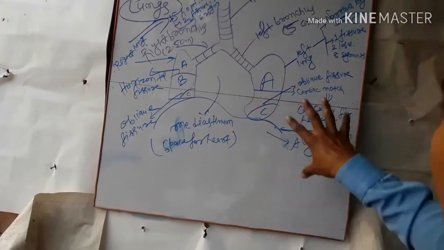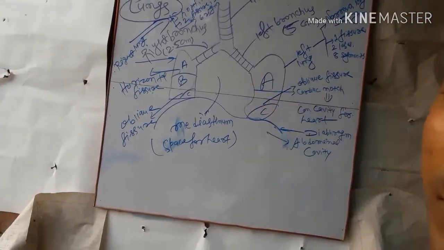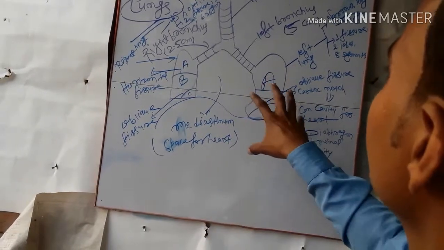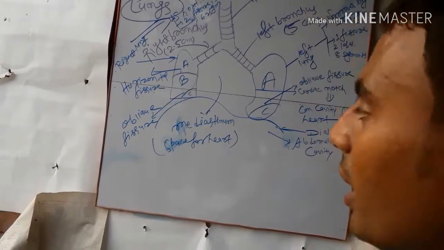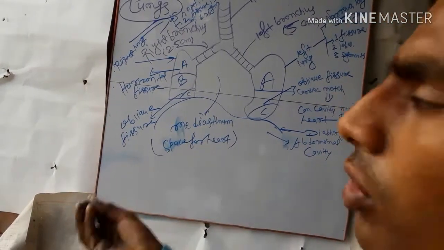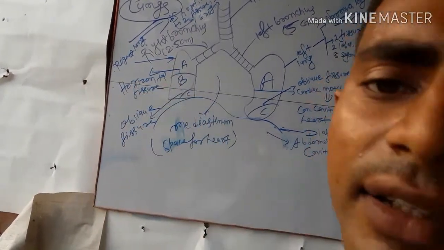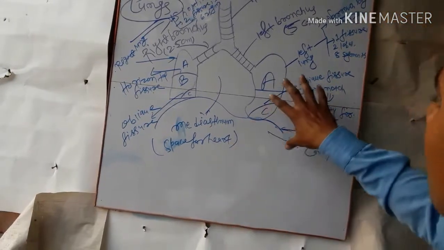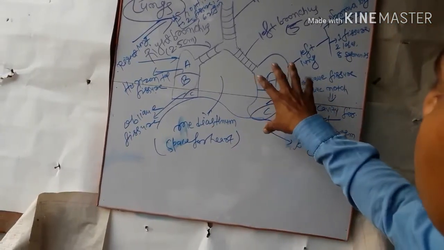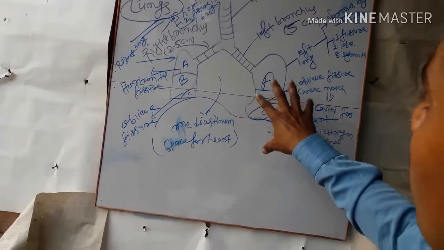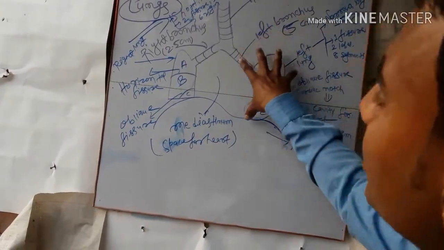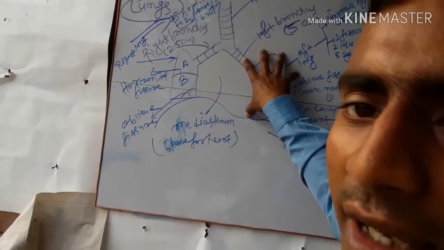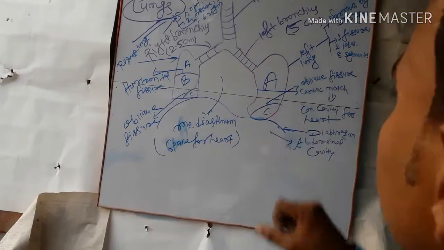Now about the left lung. The left lung is narrow and long, longer than the right lung, and its weight is 565 grams.